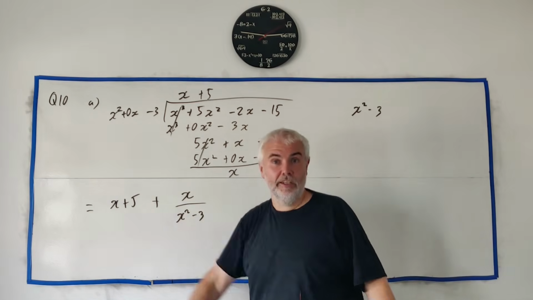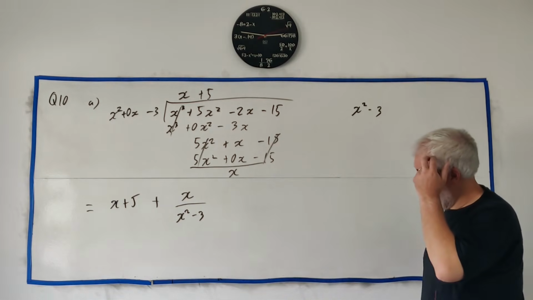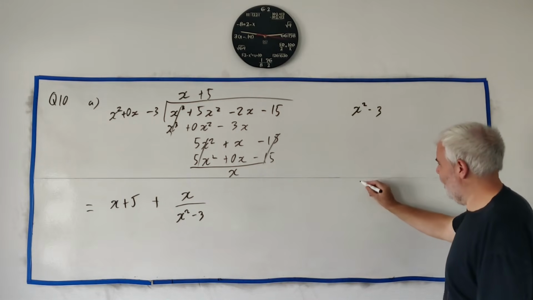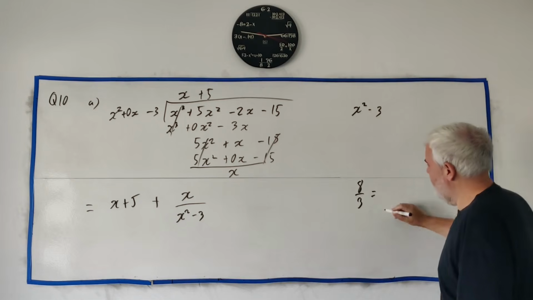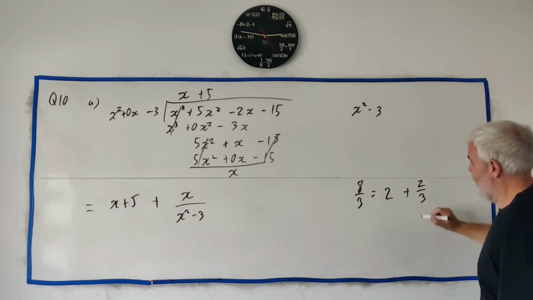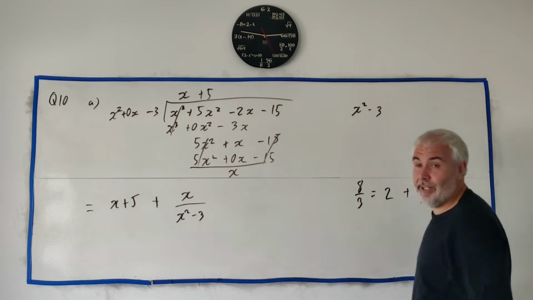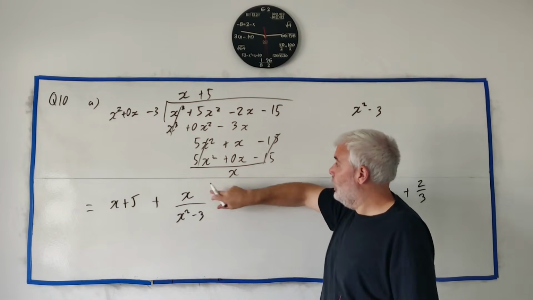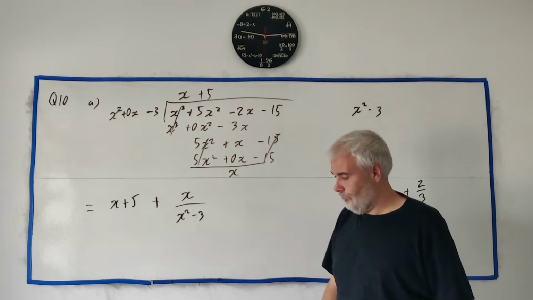I won't bother putting the 0 plus x anywhere else. If you're unsure about that bit, just think of some simple thing like 8 divided by 3. That goes in 2 times plus 2 remainder. So plus 2 divided by 3. Same thing here. Goes in x plus 5 times, x remainder.